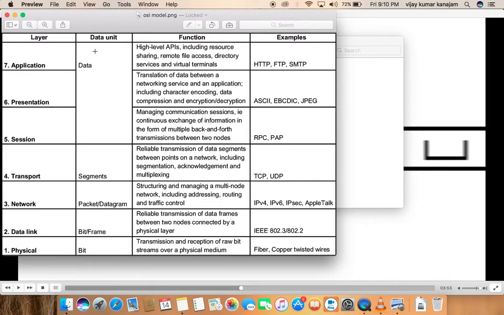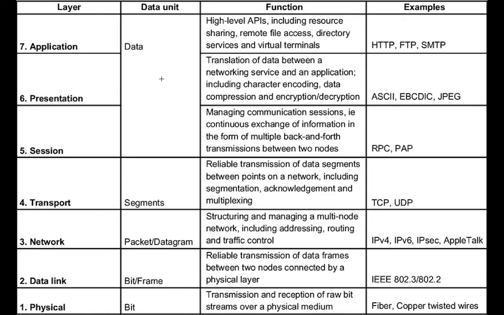If you see the diagram, in the physical layer we call the data a bit, in the data link layer a frame, when we move to the network layer we call it a packet, and in the transport layer we call it a segment. In all the 3 layers, session, presentation and application, we call it data.